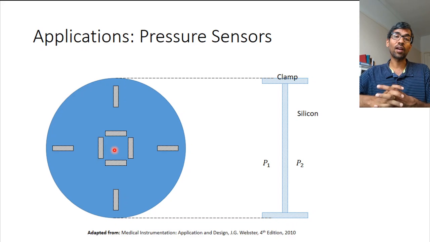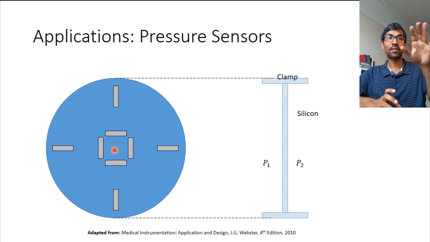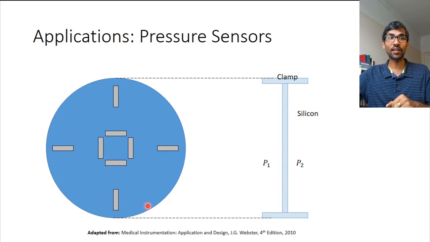People have actually used this kind of arrangement, but you could use some other arrangement as well. One of the things you could do is look at the strain gauge rosettes we talked about in the previous slides, and see if there is a particular rosette that would suit this application more than any other.